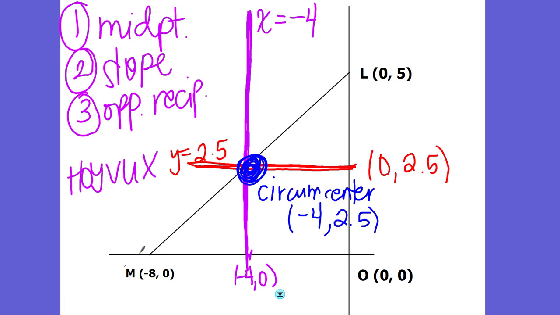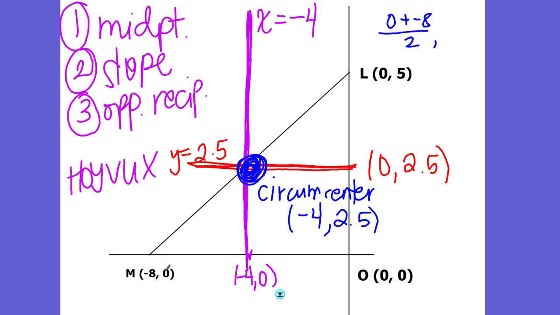And I can double check and make sure that I did this correctly. If this indeed is the circumcenter, then this should be passing through the perpendicular bisector of side LM, which means it should go through the midpoint of side LM. Well, what's the midpoint of side LM? Add the x's, 0 plus negative 8, divide by 2.